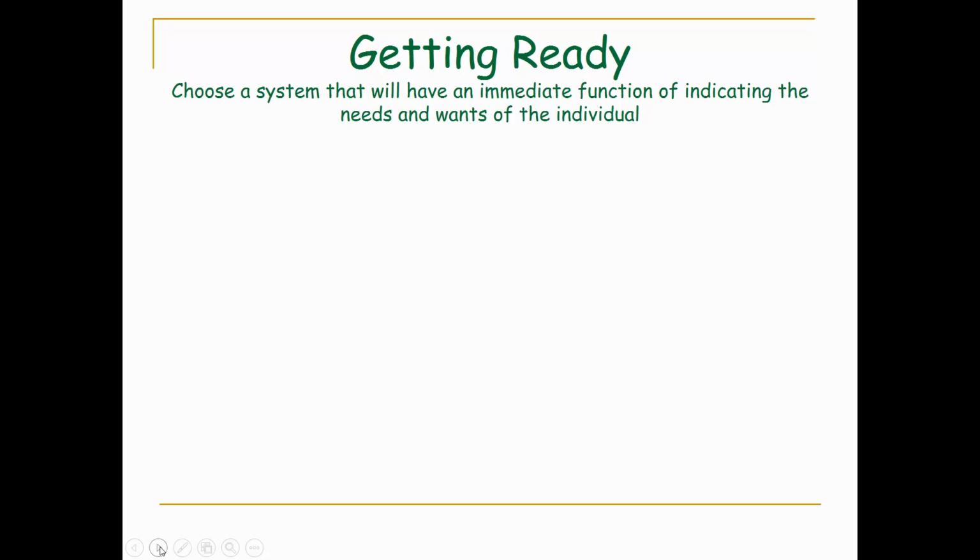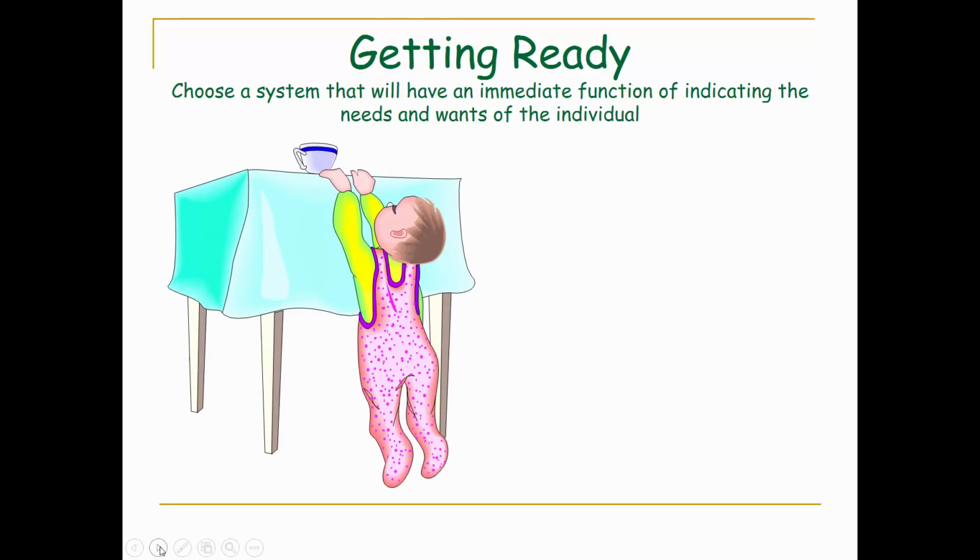So you want to choose a system that will immediately reward the individual for what it is that they want. So you want to take an inventory of the wants and the needs of the individual. This little girl wants a cup, and so right away you could start thinking about how to get her to communicate the fact that she wants it.